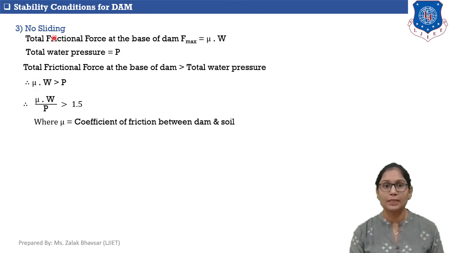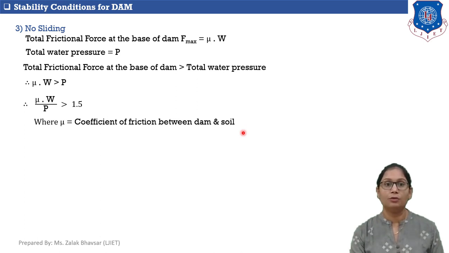For the no sliding condition, the total frictional force at the base of the dam, which is mu into W, should be greater than the total water pressure P. So we can say that mu into W upon P should be greater than 1.5. Here I am considering factor of safety.